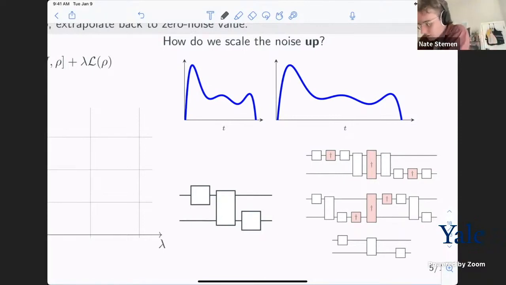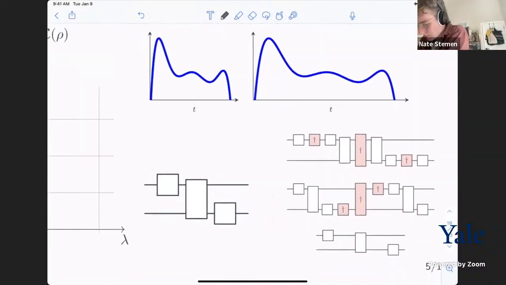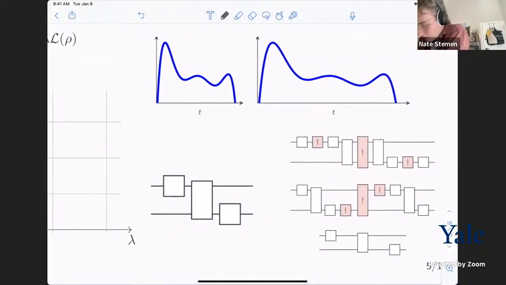So there's a few ideas here, right? Here's your original circuit on the left. And this top method here is called local folding. Basically, let's say this first gate is yellow. What's going to happen is you're going to do yellow, followed by its inverse, followed by itself again.